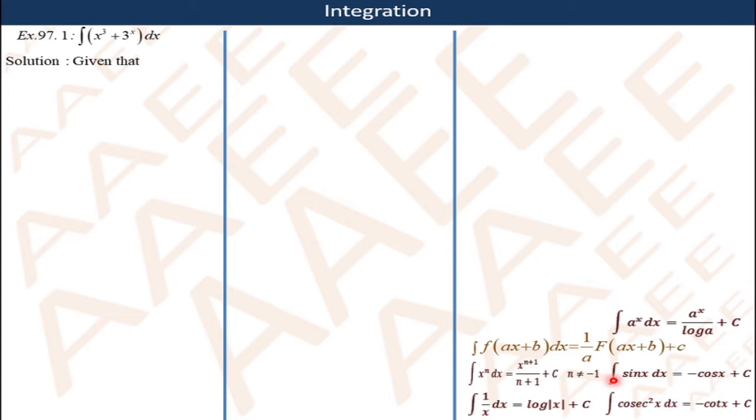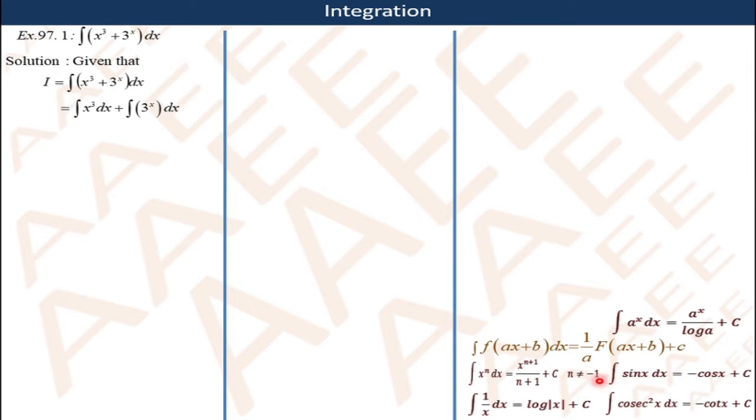So solution: given that I is equal to integration x raised to 3 plus 3 raised to x dx. By the linearity property, this integral can be split as integration x cube dx plus integration 3 raised to x dx.